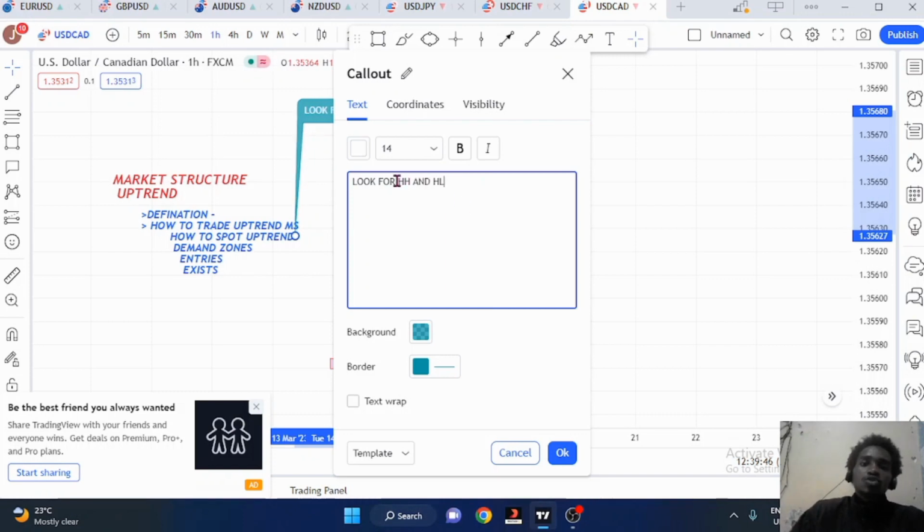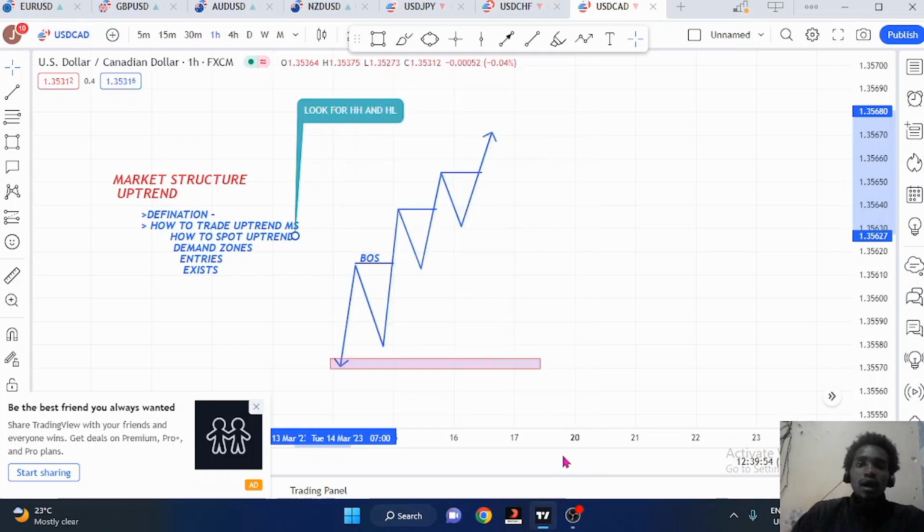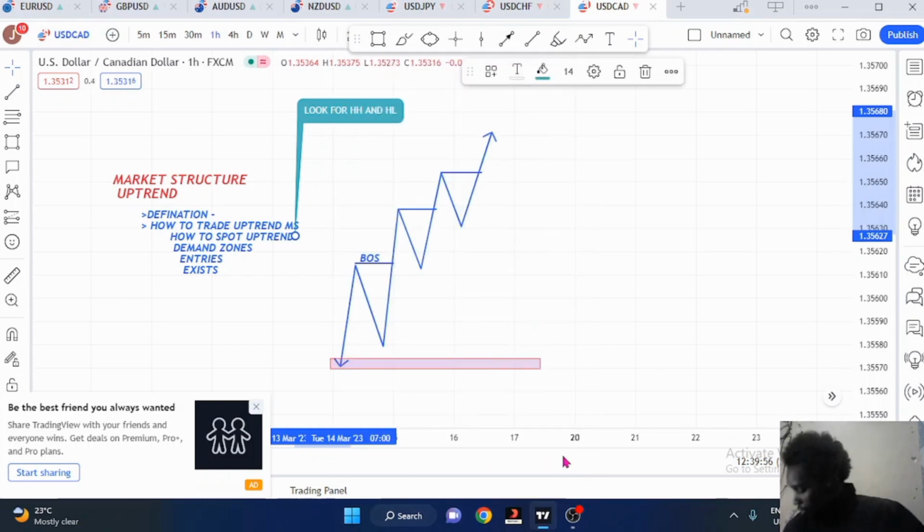You must be in a position to master those. Look for highs and higher lows. That is how to identify an uptrend market.